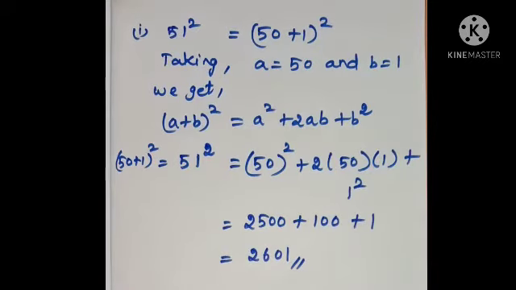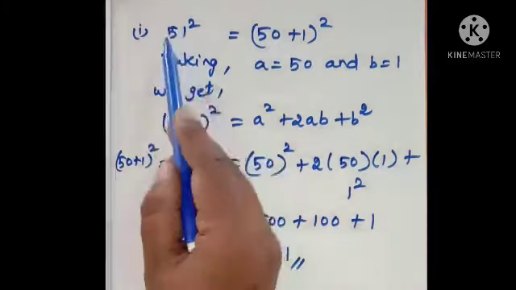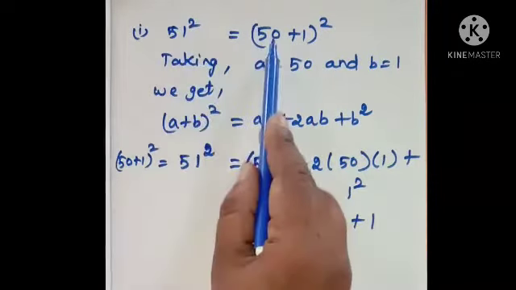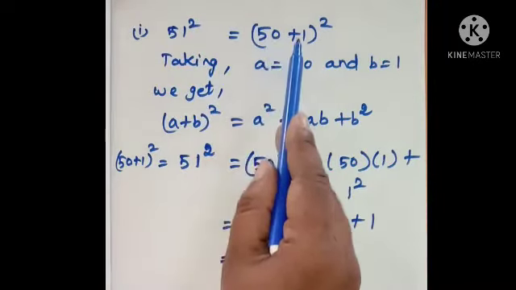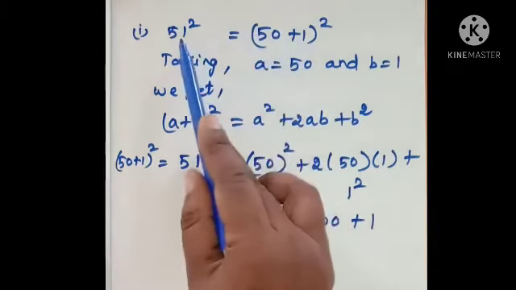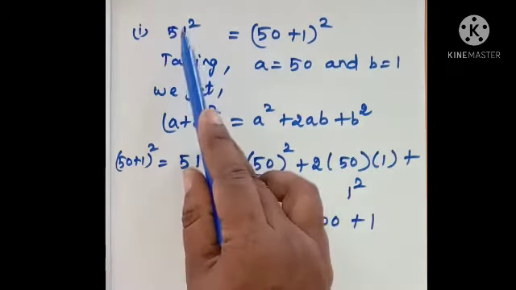So children, listen carefully. Evaluate the following using suitable identity. Here 51² is given. With a multiple of 10, we are expressing the given value.